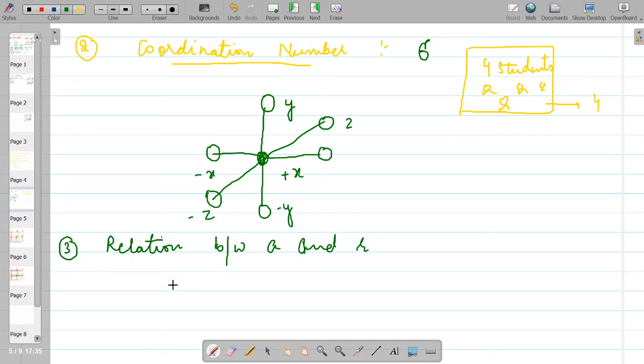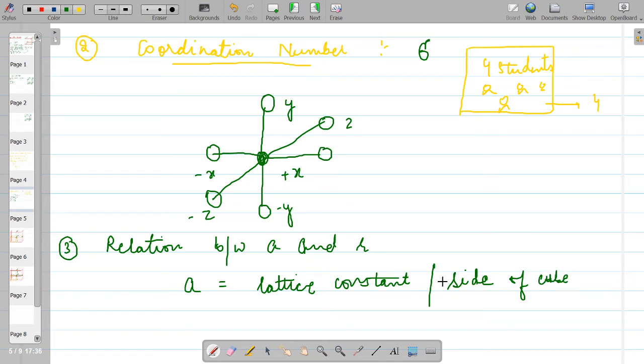First of all, you should know what A is. Here, if we see the diagram, A is the lattice constant, or you can say it is the side of the cube on which atoms are arranged.